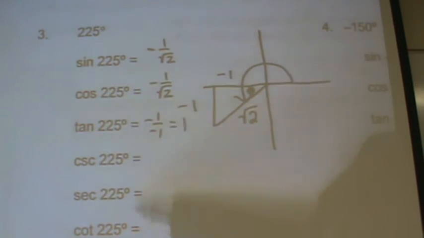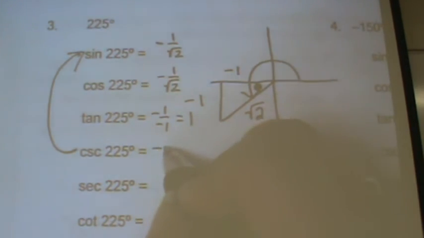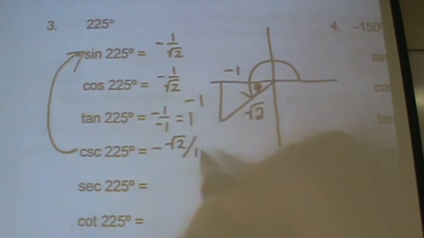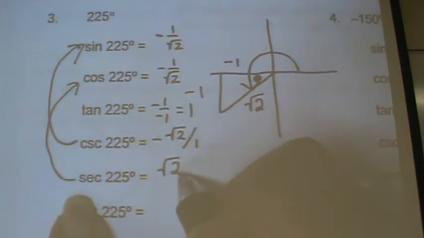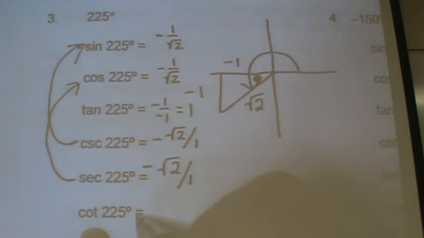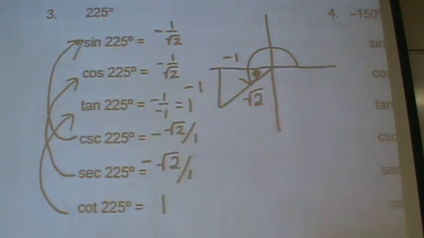Now, what are these three right here? That's that one flipped. So this would be -√2 over 1. Secant is the cosine one flipped. -√2 over 1. And cotangent is the tangent one flipped. It'd also be 1. Good.